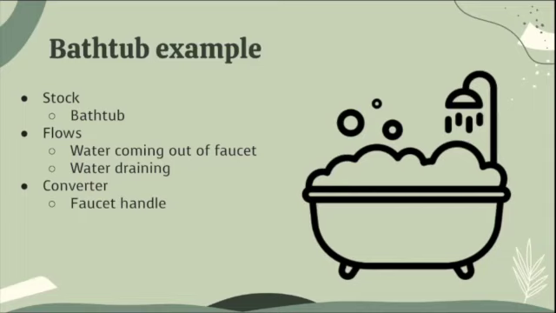So for example, I might do a run of this bathtub model starting with the bathtub totally full and seeing how that stock changes. And then I might try again with the bathtub starting at empty and see the dynamics from there. Or I might change how far the faucet handle is turned and look at how that might affect the different flows and how those changing flows might affect the stock.